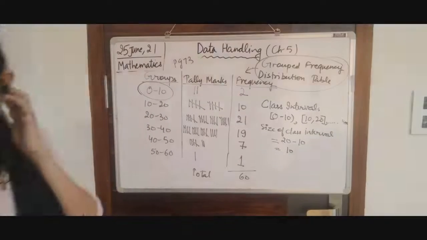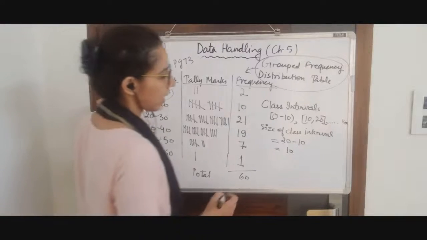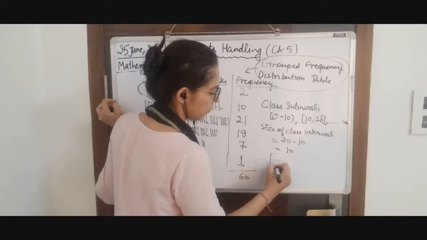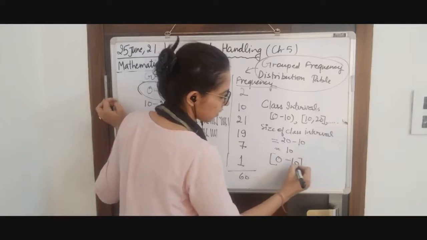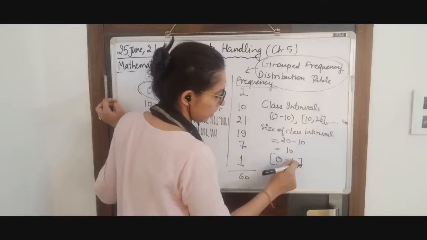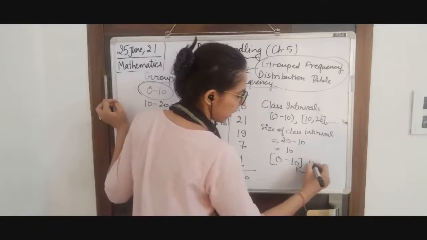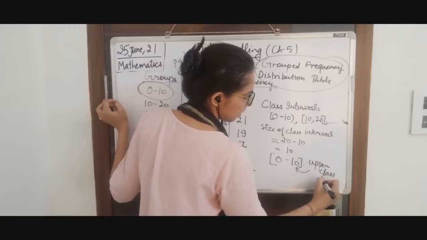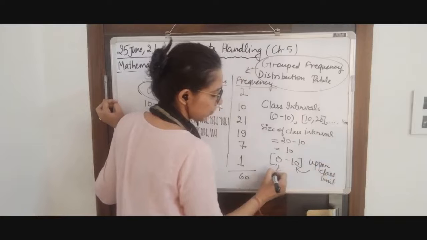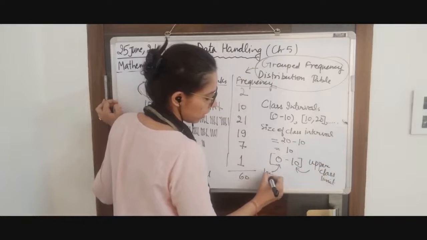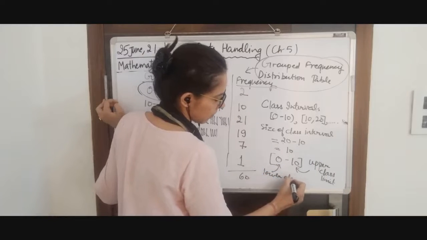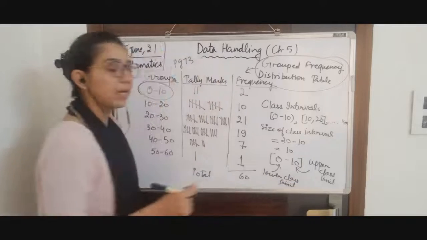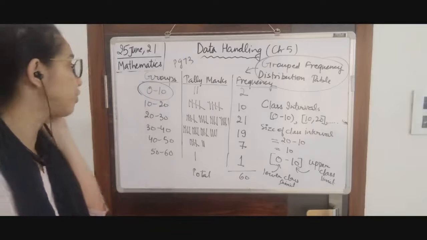Now you have to understand lower class limit and upper class limit, for every class interval. I'm going to take 0 to 10. This is your upper class limit, and this value is known as lower class limit. There will be an upper class limit and lower class limit for every group.